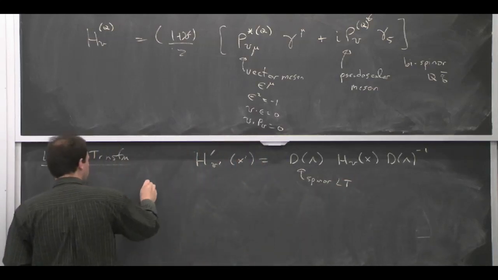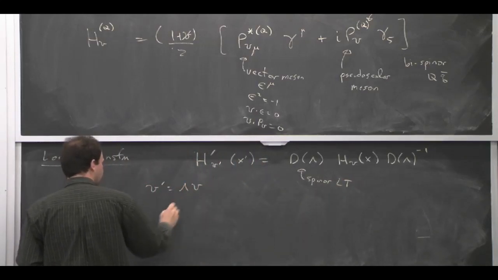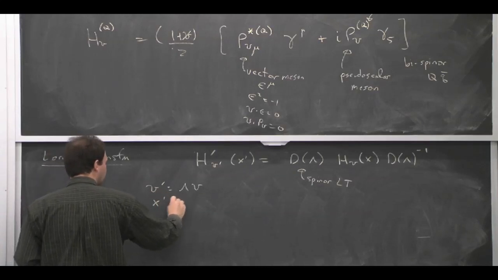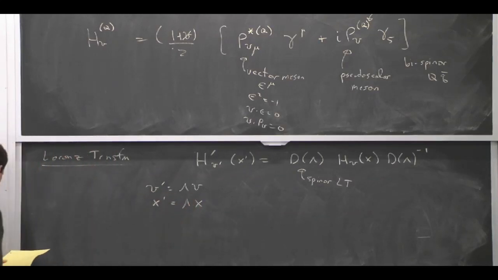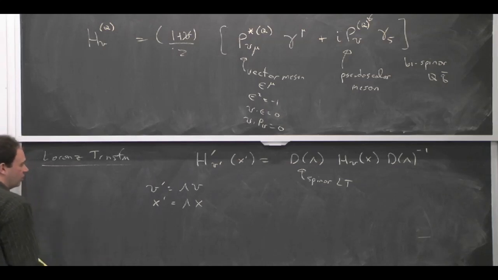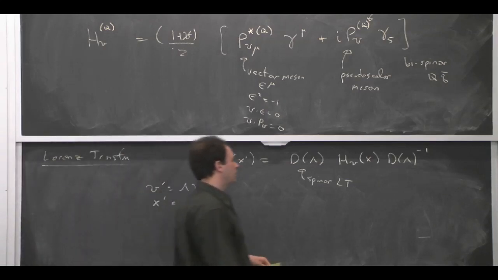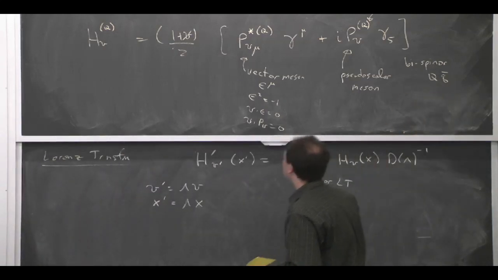Here we have the spinor Lorentz transformation, v prime is the transformation of v, and x prime is the transformation of x. So that's how we want it to transform. We want something that is transforming like this Q Q-bar.